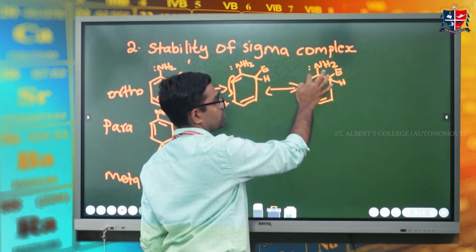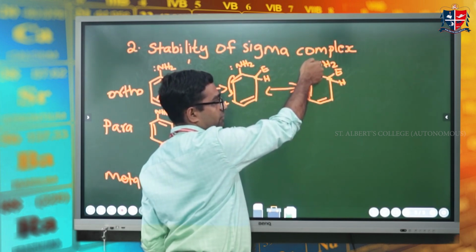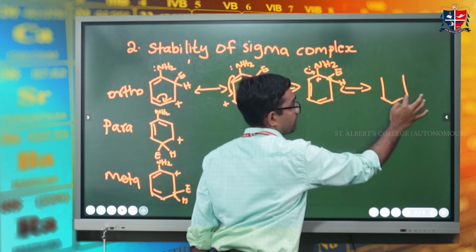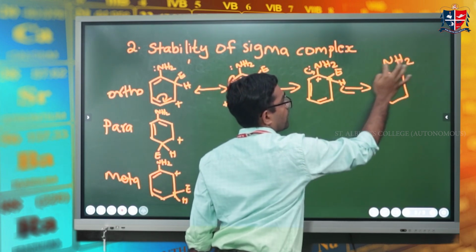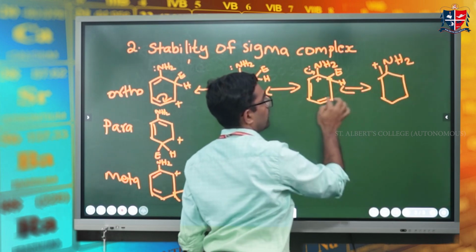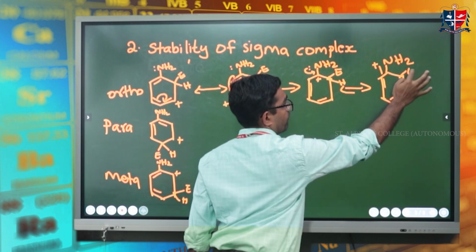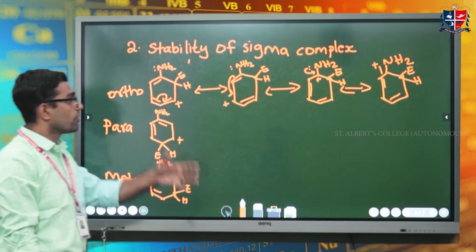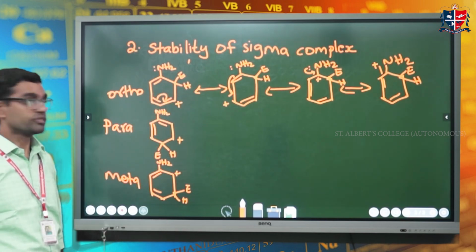Since this positive charge is here, a double bond can be formed here using pi donation. These are the resonating structures of the sigma complex when there is an ortho attack.